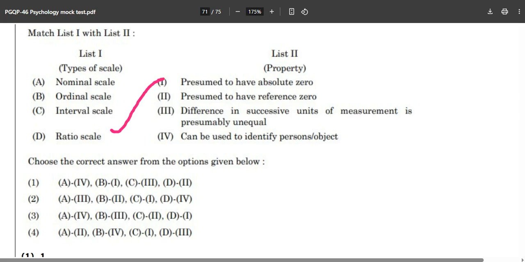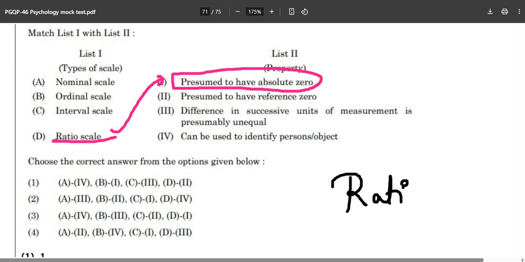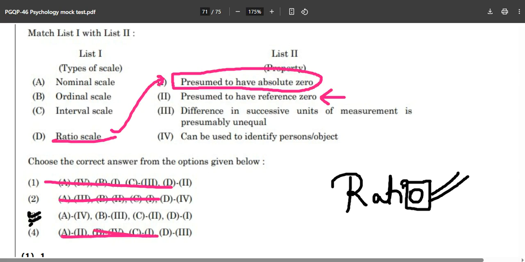This is the improvisation: presumed to have absolute zero only in the ratio scale. Now presumed to have reference zero, where will you have this? But I guess we are done with the answer over here. Option number 3 is once again the correct answer. So I hope you would have marked option number 3 correctly.